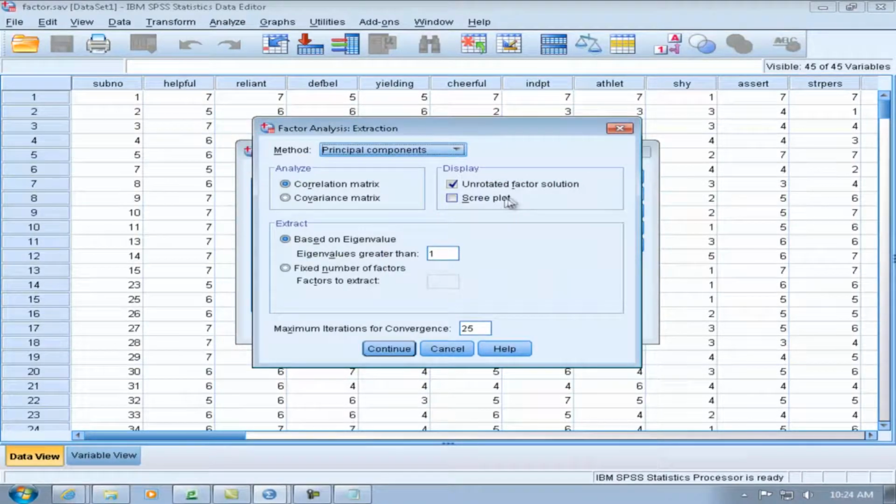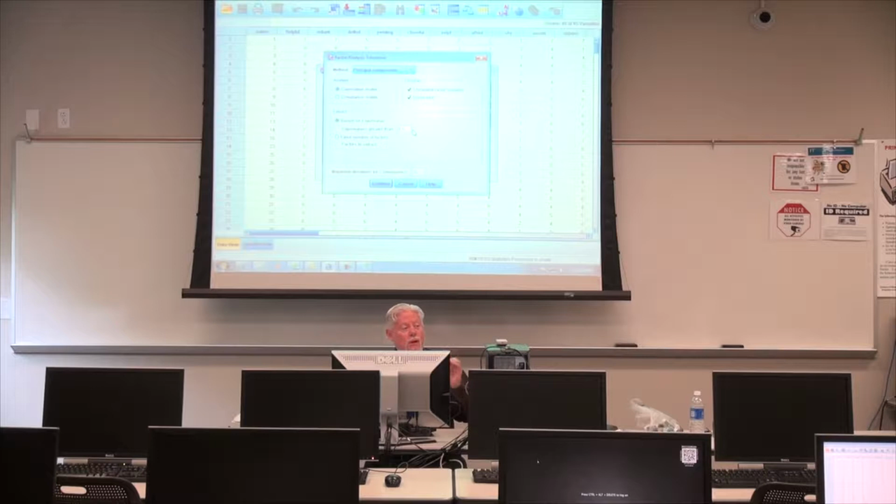Now, I'm going to go ahead and put the scree plot on here again. And I'm going to change this eigenvalue here to 1.5. Because last week when we tried it with just 1, we ended up with 12 factors. That's 3.66 items per factor on average. When we switch to 1.5, we got 5 factors, and so now we get an average of 8.8 items per factor.